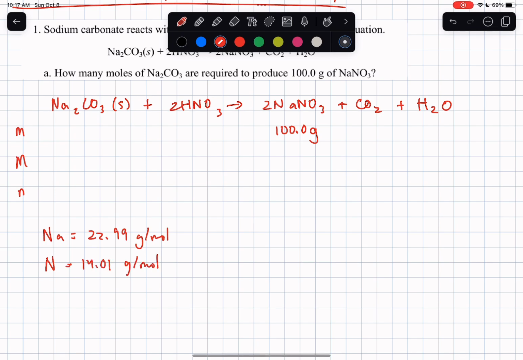And then oxygen has 16 grams per mole. Now when you're calculating, you want to add 22.99 plus 14.01 plus 3 times 16.00 because you have 3 oxygens and only one Na and one N.